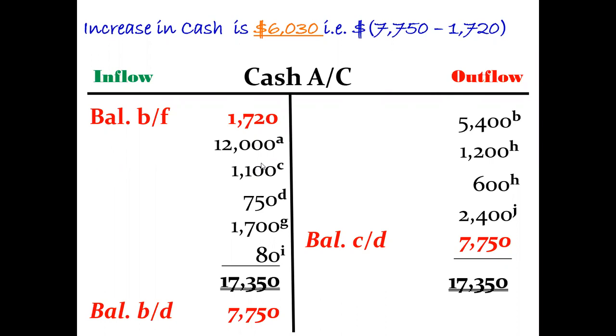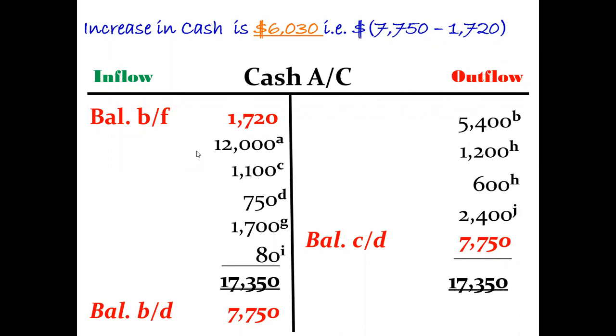So for financing activities, did the owner put in any more money in the business? Did the owner take any money out of the business? Did we get any loans? Did we pay back any principal on those loans? So let's look at it and see.